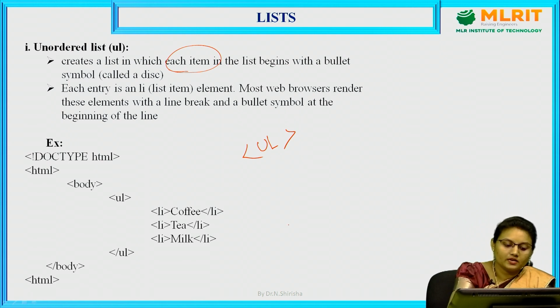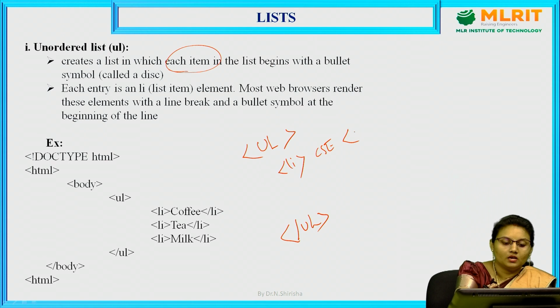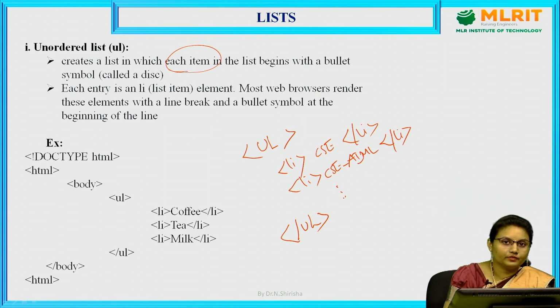When you are starting unordered list, you obviously will have a closing tag, right? In between, whatever items you want to give, use LI. Just give CSE, I am listing out the branches, then closing LI, and another LI. Say I want to mention other departments, CSE, AIML, closing LI. However many items you want to define, you can define.